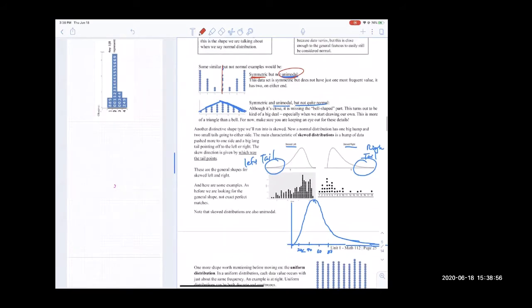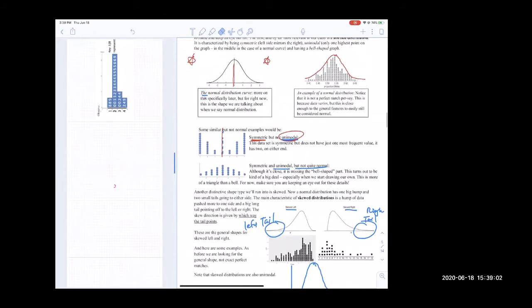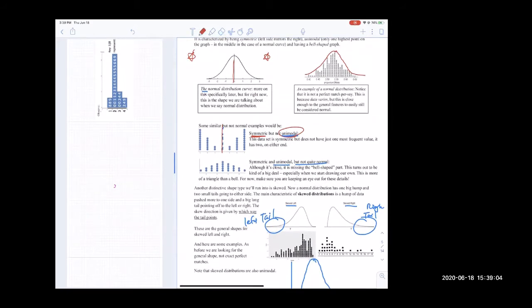This right here, if I erase this, looks very much like this, but when you outline it, it looks more like a triangle rather than a bell-shaped curve, right? So it's symmetrical, unimodal, but not quite normal. Therefore, this will not be considered normal.